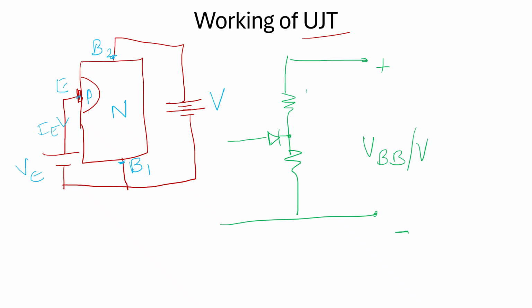Yes, so this is RB2, RB1, and the emitter voltage, plus and minus.